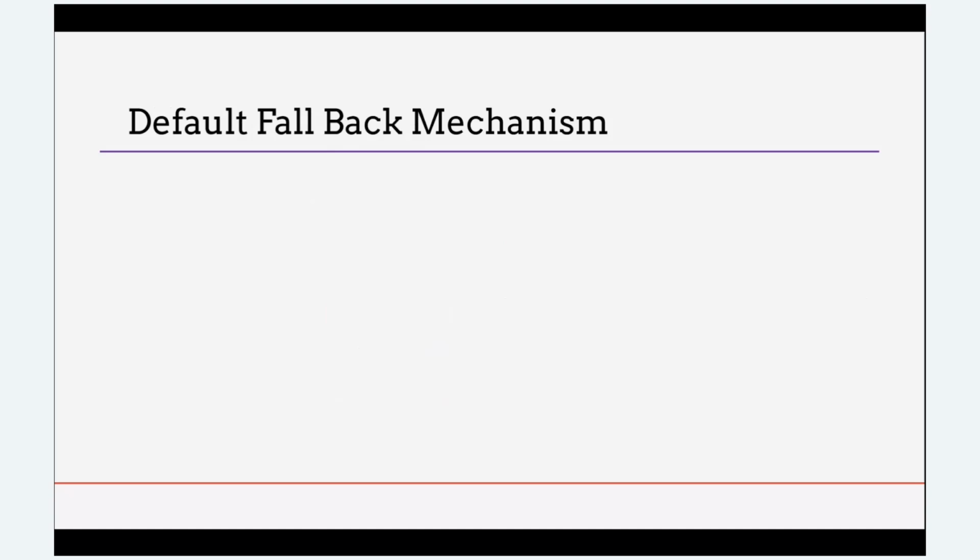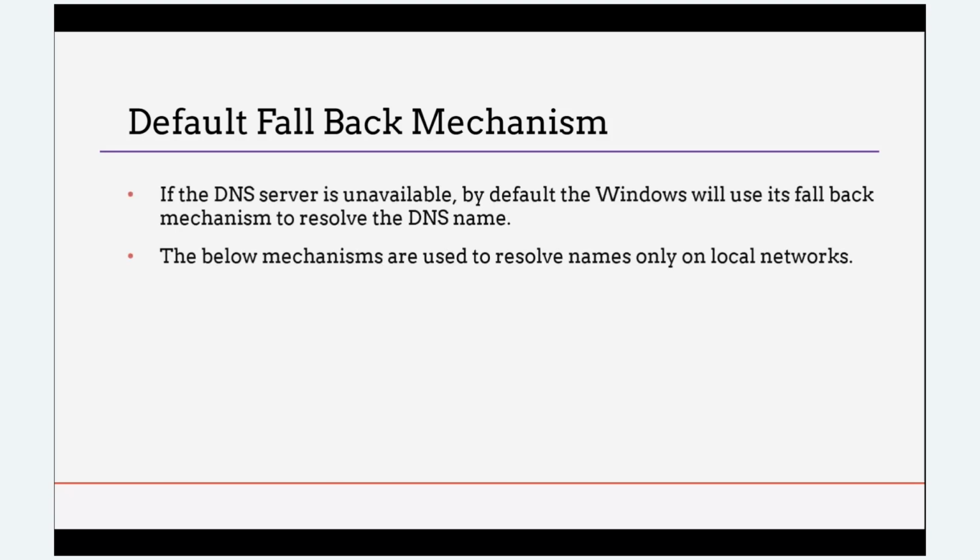This is when the fallback mechanism kicks in. Windows has a couple of fallback mechanisms that are used when DNS cannot be utilized. These fallback mechanisms are used on local networks when DNS is not available.